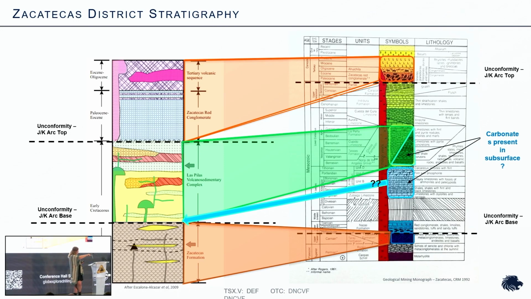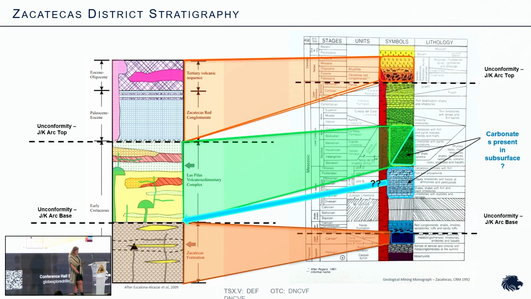This section here is from the Las Pilas area, and it's similar, but not exactly the same as what we have in Zacatecas. With all of the drill data, we are getting a much better handle on what that stratigraphy looks like for us, what the better units to target are as host rock for the vein systems, and what the relationships are between the different areas of the project and the stratigraphy.